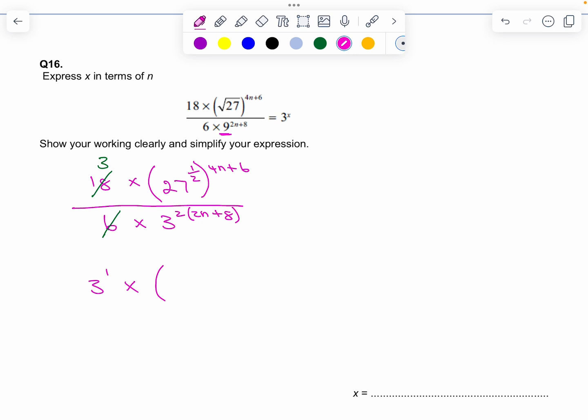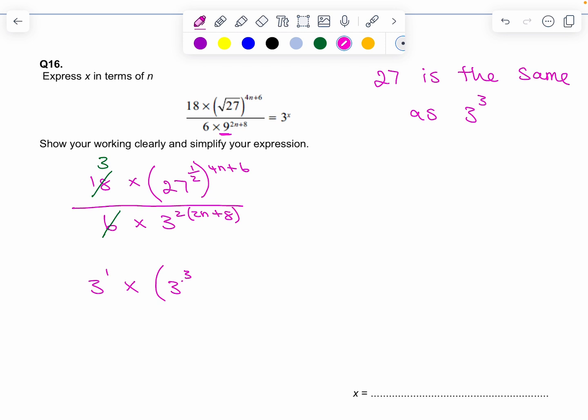Now, the 27 is the same as 3 to the power of 3. So 3 to the power of 3, 3 times 3 times 3, is 27. So it's 3 to the power of 3.